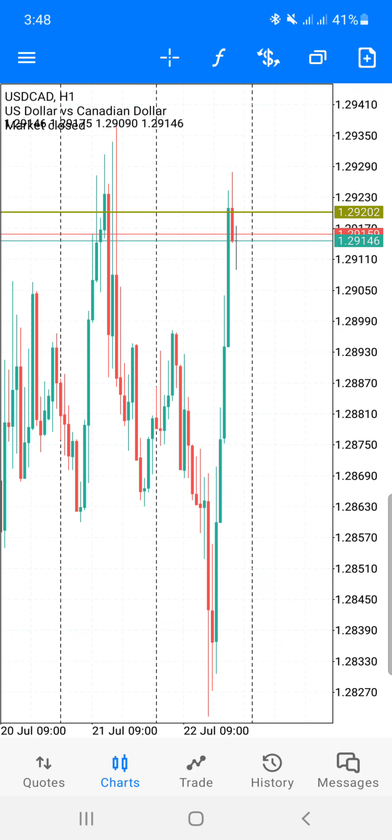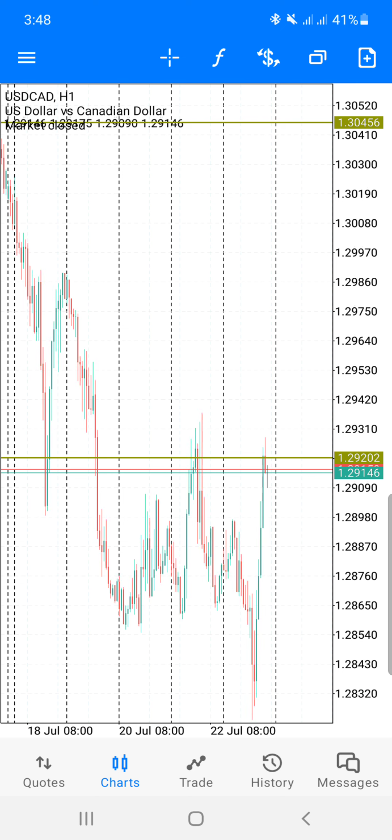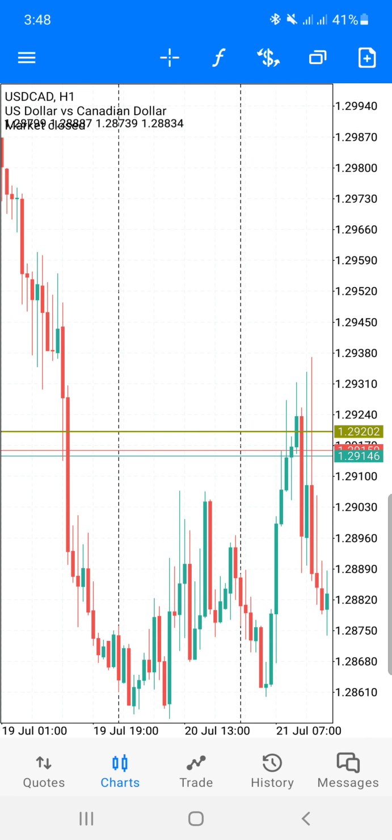So let's go straight to examples so I can show practical examples of rejection candlesticks. So remember, rejections form everywhere in the market, but we are only interested in rejection candles that form in our support and resistance levels. You understand?